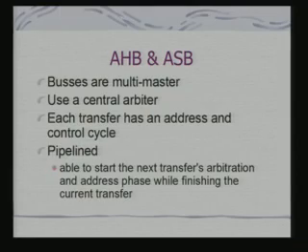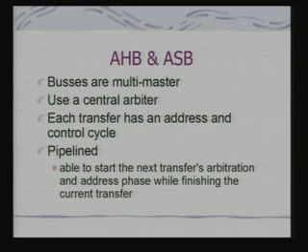These AHB and ASB, which are really the system buses, are typically multi-master buses, and they use a central arbiter. That is, the basic arbitration scheme is based upon a central arbiter block. Each transfer on this bus has an address as well as a control cycle.